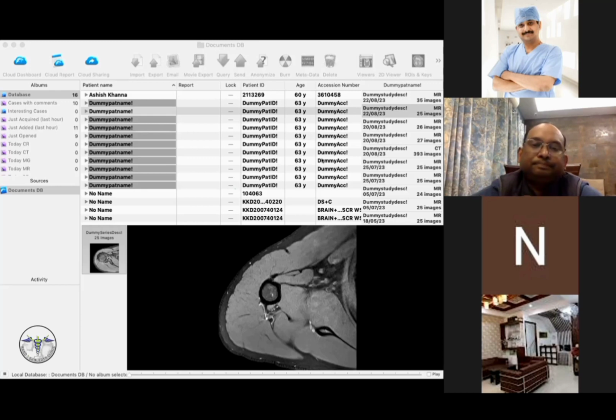But nowadays we would like to have MRIs so that whatever we do, we are very sure about the anatomy, and we can combine the two procedures.